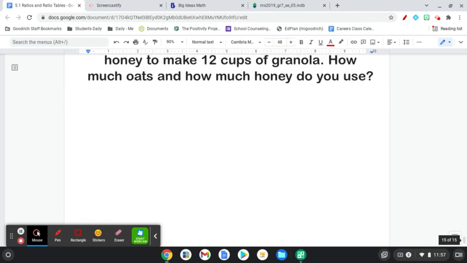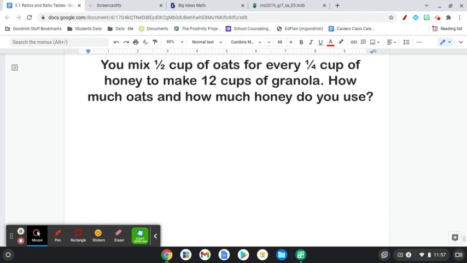Okay, looking at this one, we have 1/2 cup of oats for every 1/4 cup of honey to make 12 cups of granola. This one gives us a little bit extra because now we're looking for the total amount.